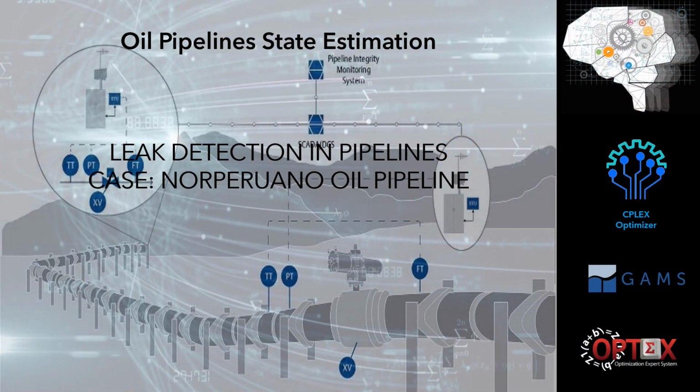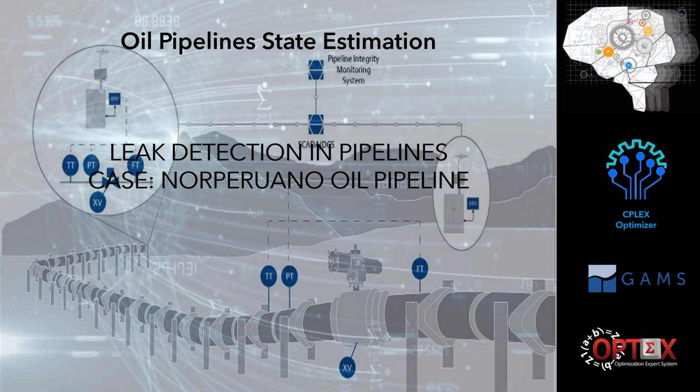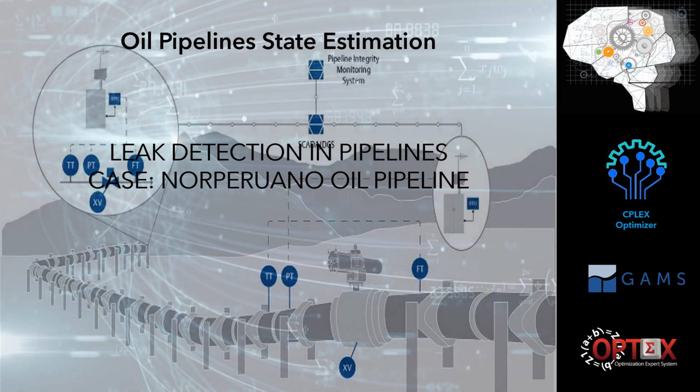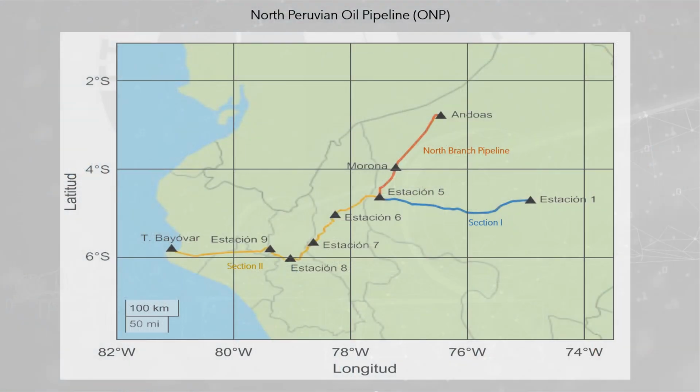Leak detection in pipelines. Case: the Norperuano oil pipeline. The state-owned company Petróleos del Perú, Petroperú, is one of the companies transporting crude oil in Peru, and for this it has the North Peruvian Oil Pipeline, ONP, operating since 1977.